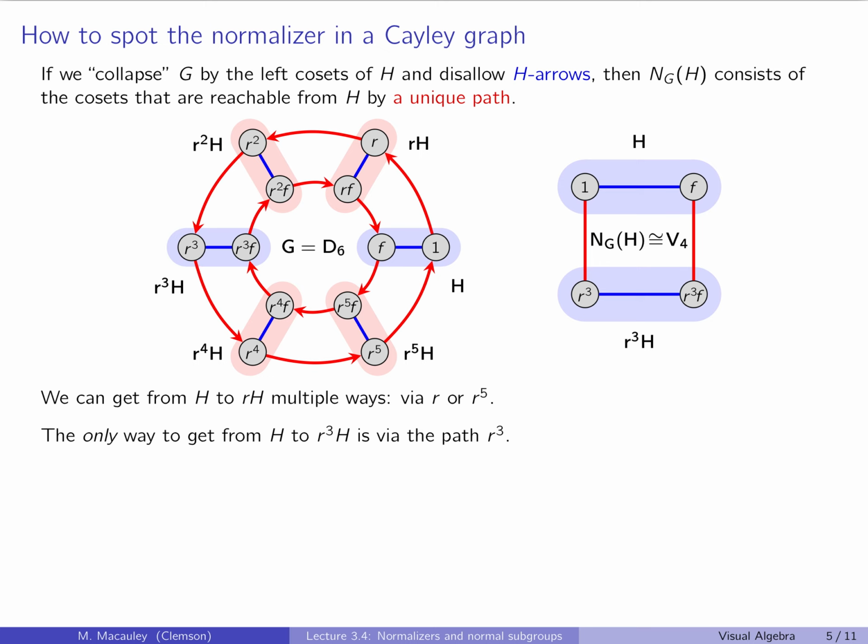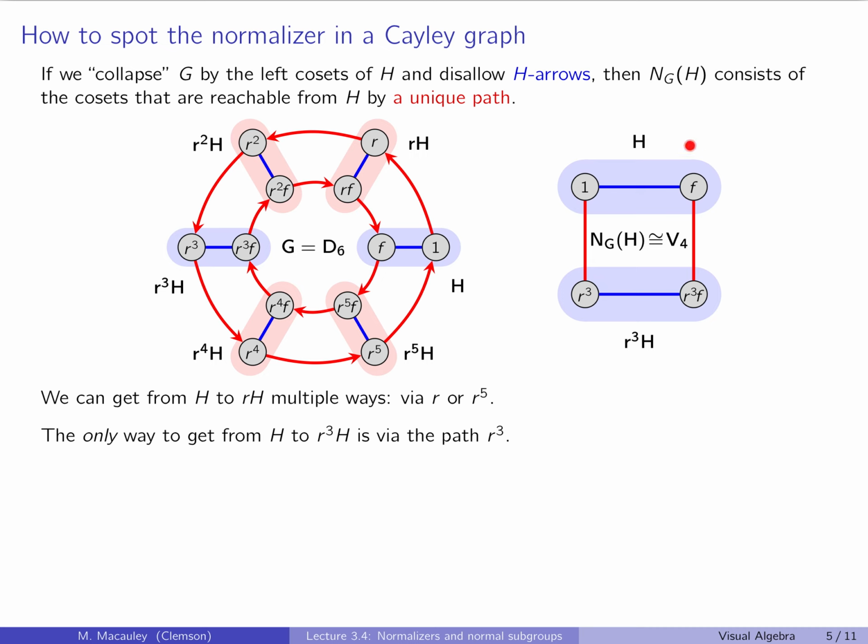Well, I can follow the R cubed path from 1 or the R cubed path from F. That's the same element. Therefore, this coset is in the normalizer. It's worth pausing this lecture and thinking about why that is true. It's really just not much more than using the definition, and I guess it takes a little bit of thought, but not much.